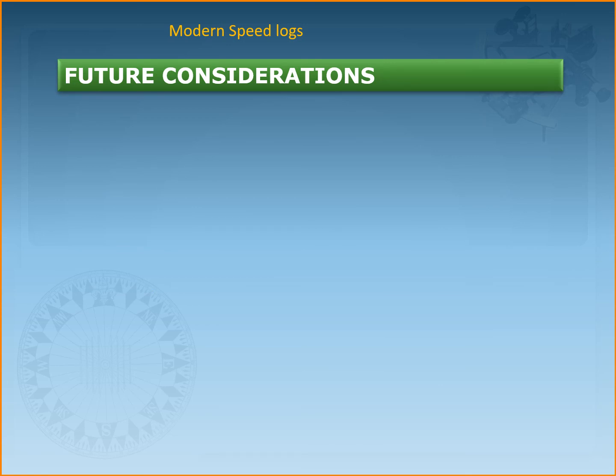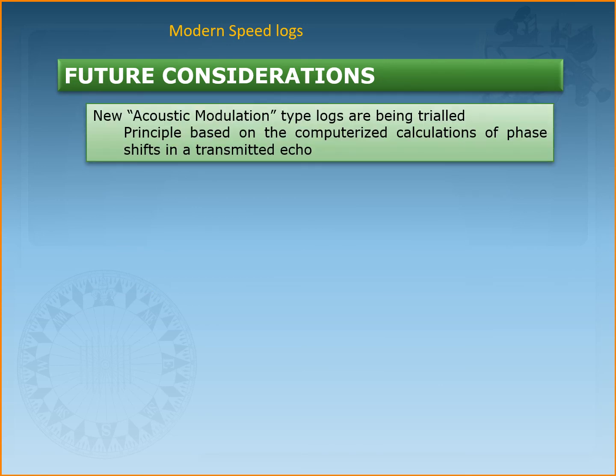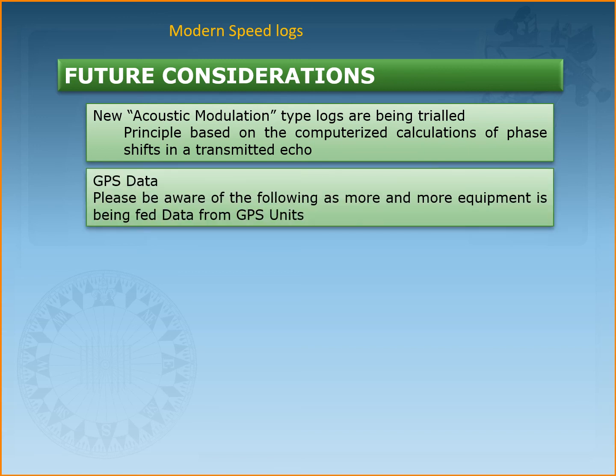Finally, we talk about the future considerations of the log. Since the last few years, due to the advent of cheap and effective computing processing power, a new type of log has been trialed, which does not fall into the category of either the electromagnetic log or the Doppler log.